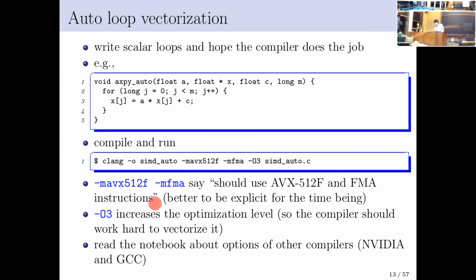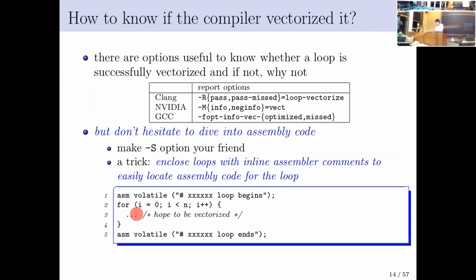For details, you can simply follow the instructions in the notebook. And there are other options that tell you whether the compiler was able to vectorize the loop or not. Without this information, it is very difficult to know if the code you are executing is actually vectorized.